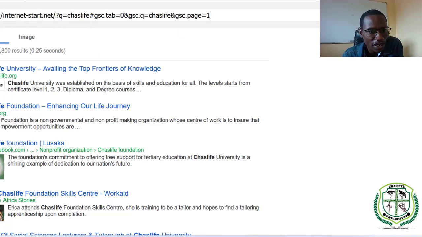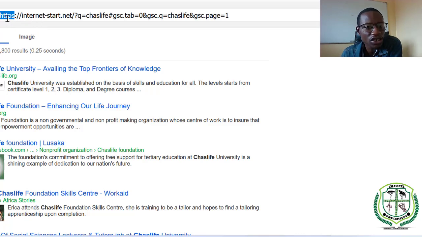When you look at the start of the link here, there's what we call HTTPS, the Hypertext Transfer Protocol Secure.